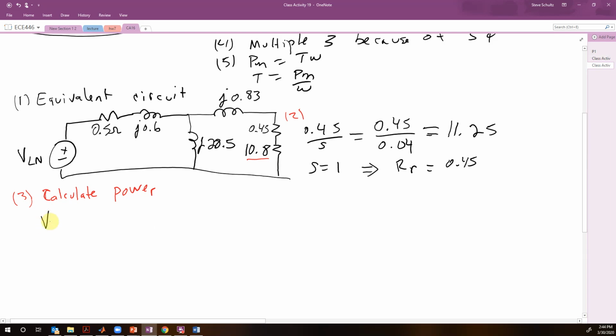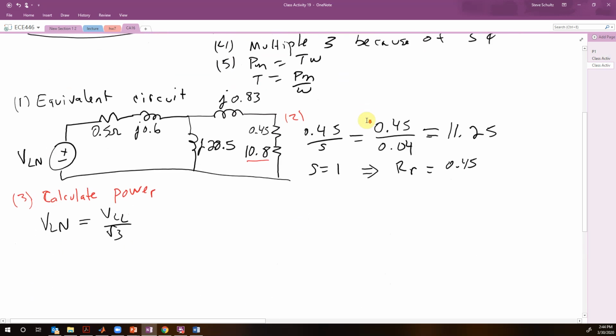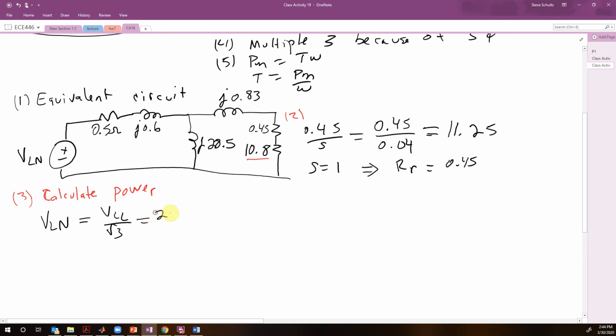So first of all, our V line to neutral is going to be equal to our V line to line divided by the square root of 3. So we have a line to line of 208 divided by the square root of 3. So this is equal to 120 volts.